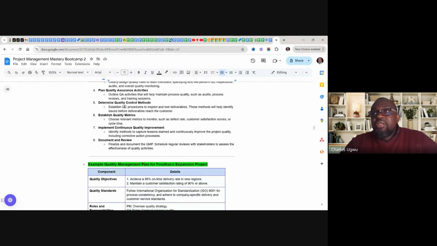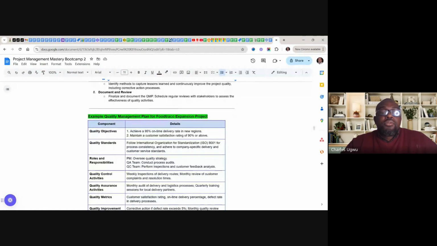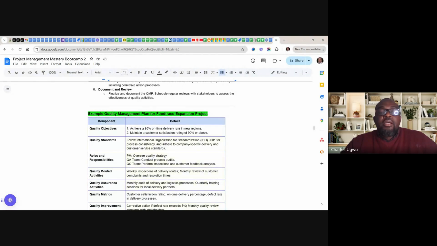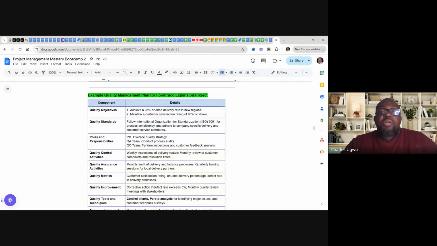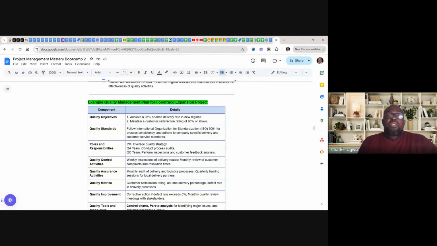Now we've seen the building blocks, the step-by-step guide that will help you to create your own. Let's look at an example of a quality management plan for our dear Futraco expansion project. Applying all these building blocks, I created my quality management plan for this project.